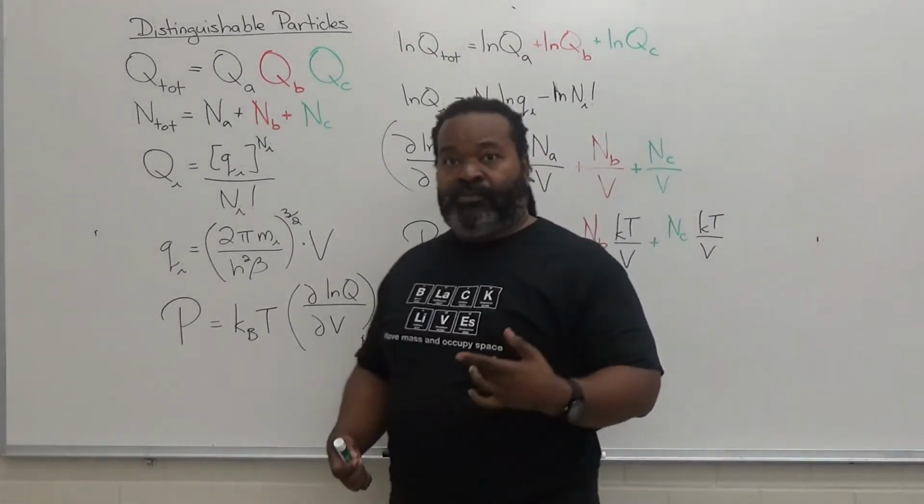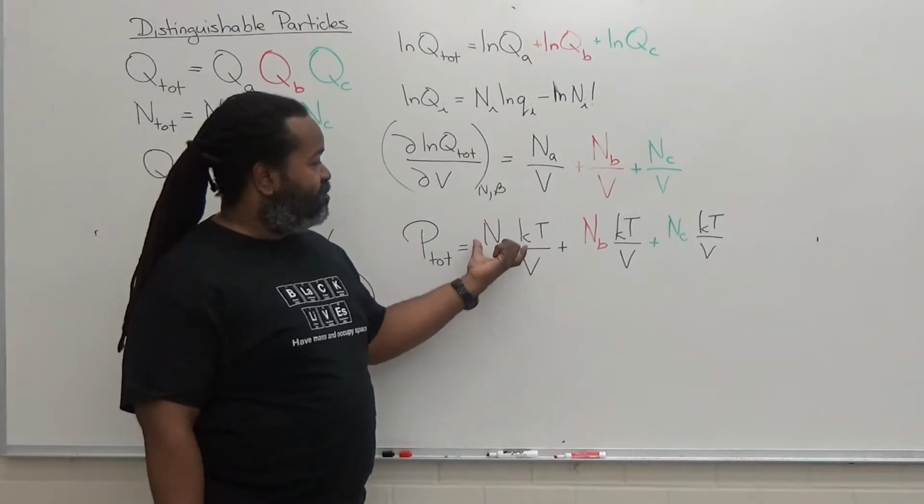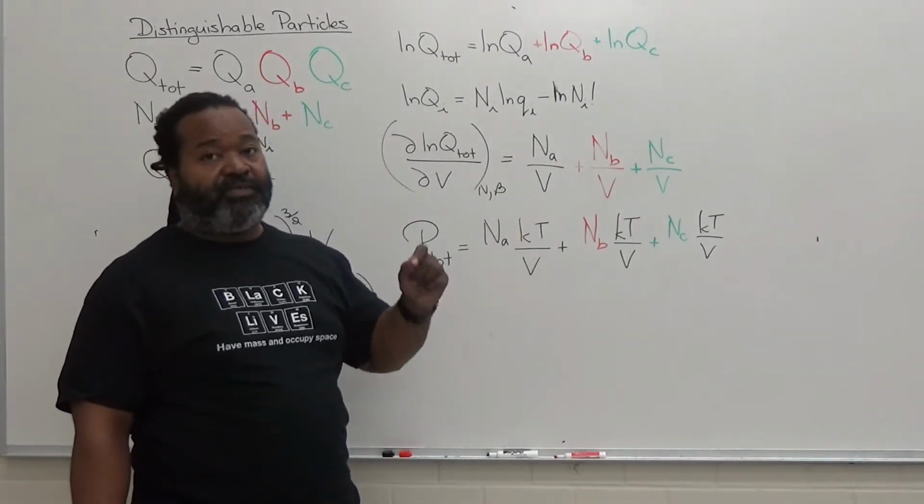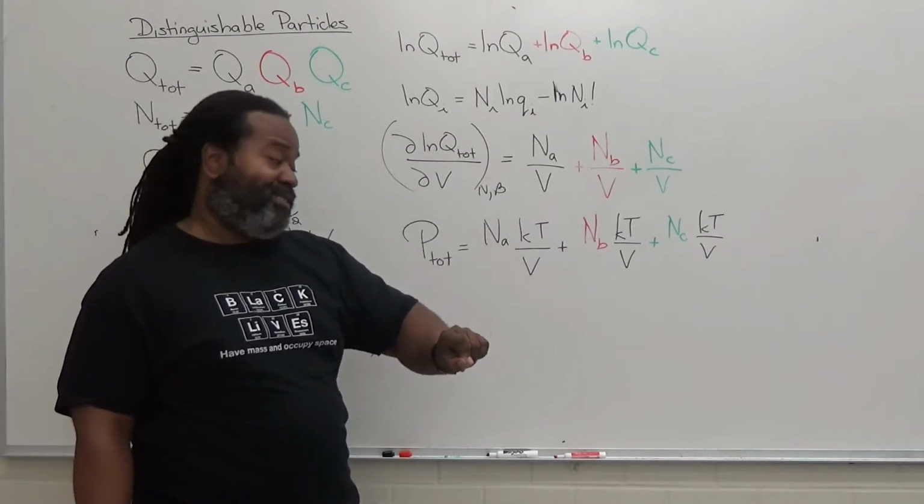Now at this point, we recognize that we can make a substitution. The number of particles times the Boltzmann constant gives us the number of moles times the gas constant.